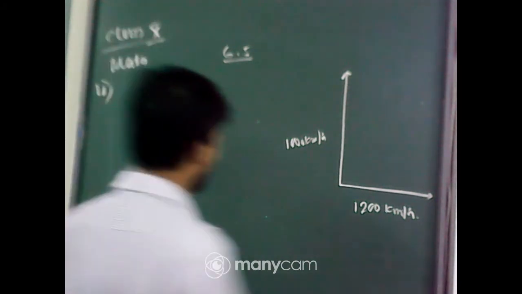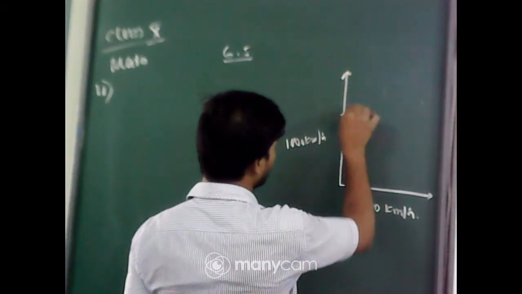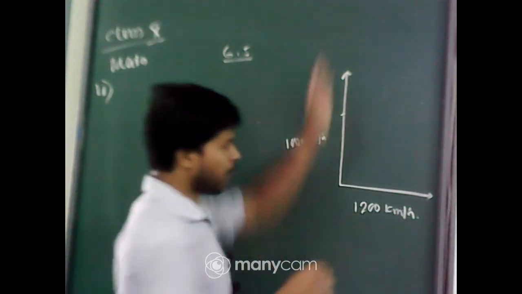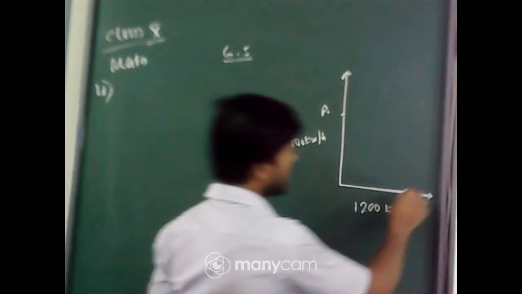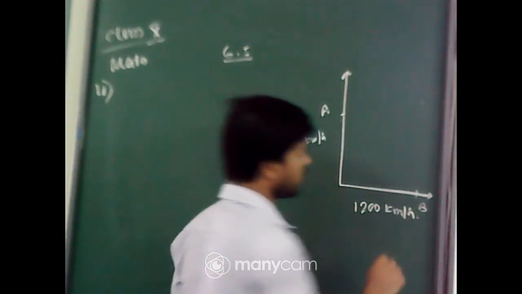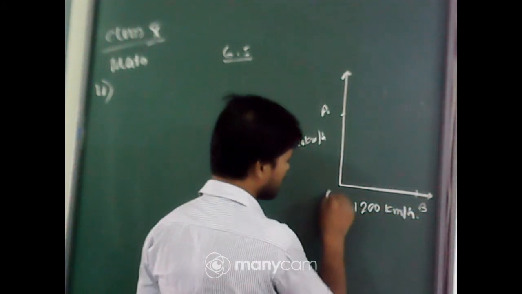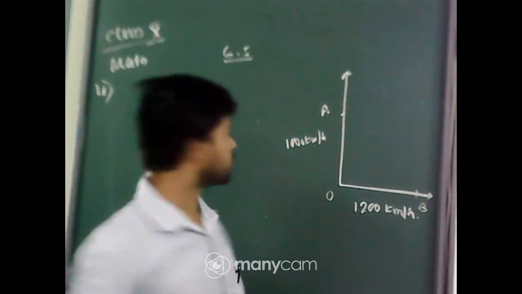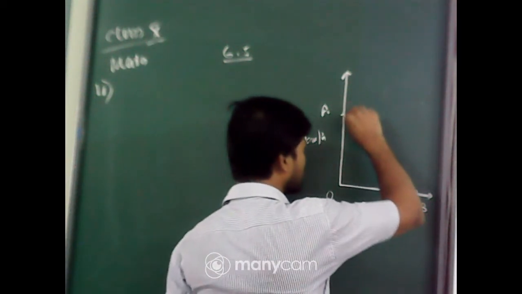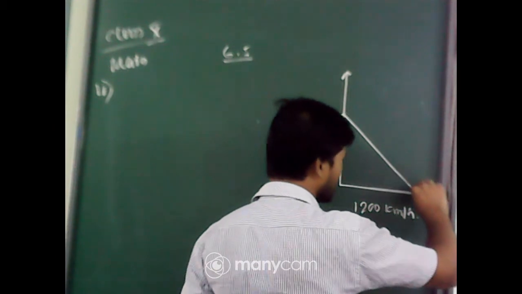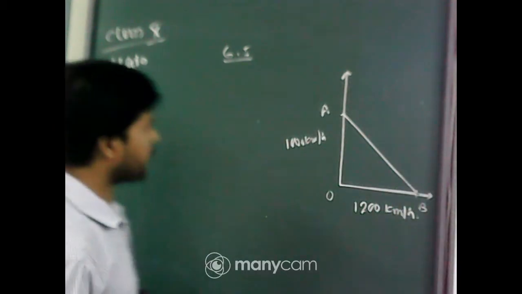So after 1.5 hours, let A be the position of the plane flying towards north, let B be the position of the plane flying toward west, and let O be the airport. So we have to find the distance between the planes, meaning the distance between point A and point B.